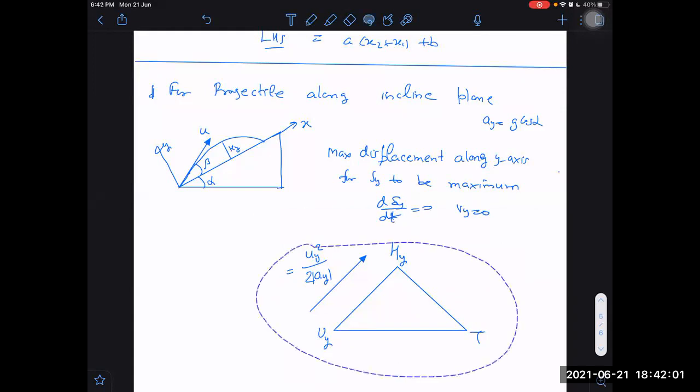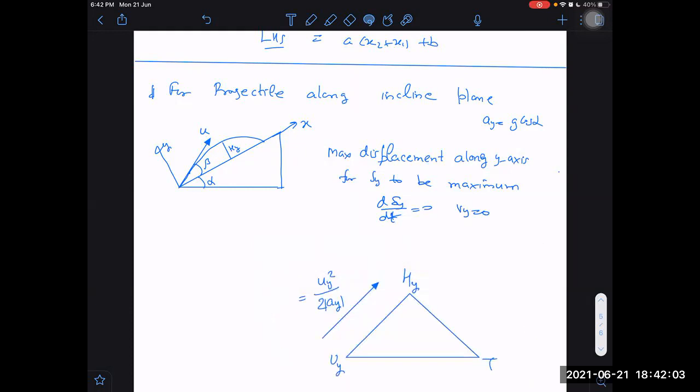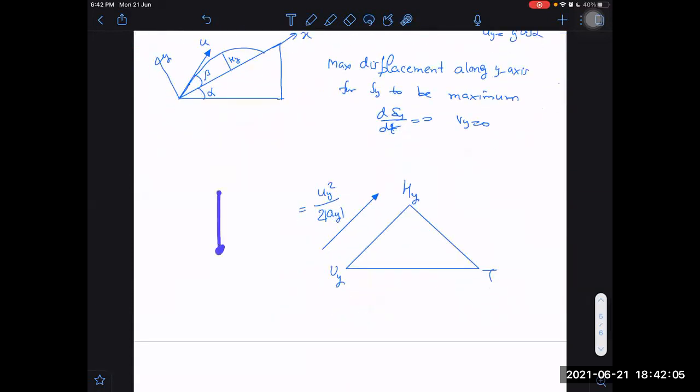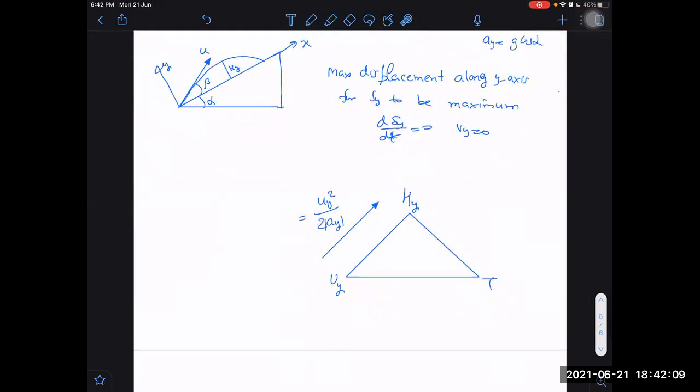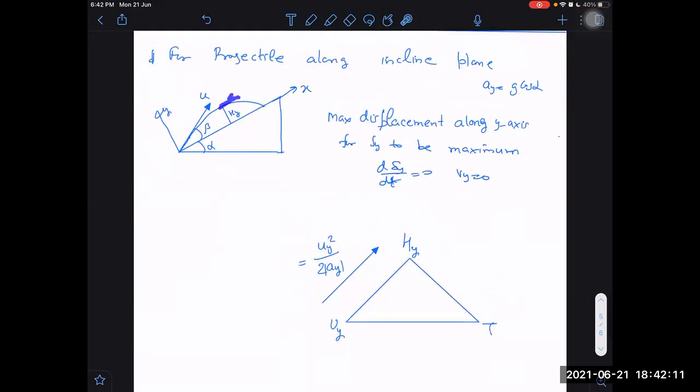Now you notice that this case is similar to the case when we throw a body upwards. In that also the velocity becomes 0. Here it is not becoming 0. Is it becoming 0 or not? It is not becoming 0. Here the velocity along the y-axis is becoming 0.